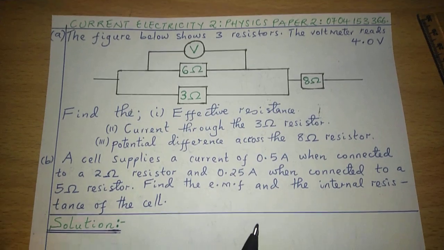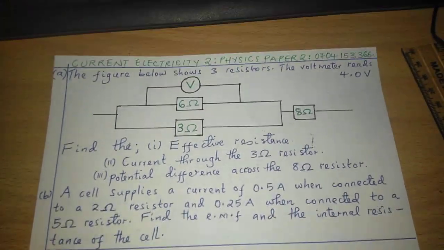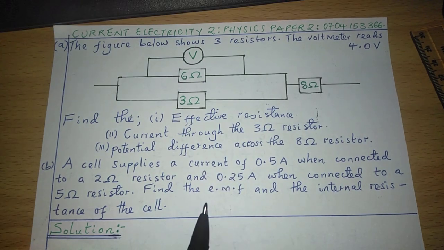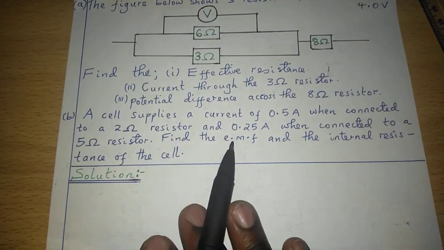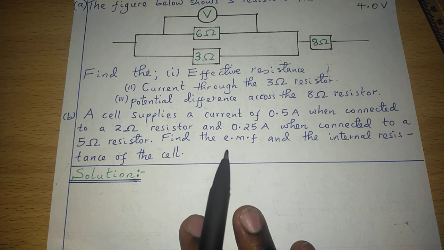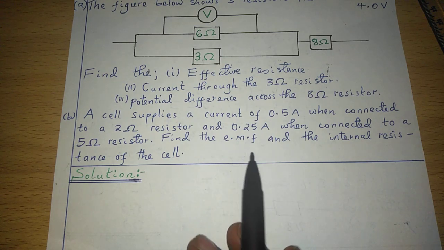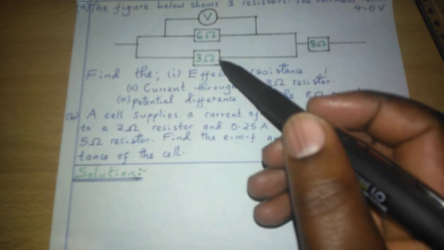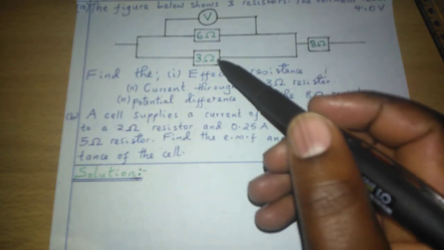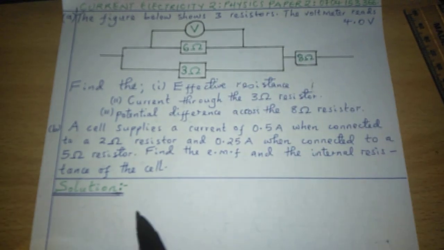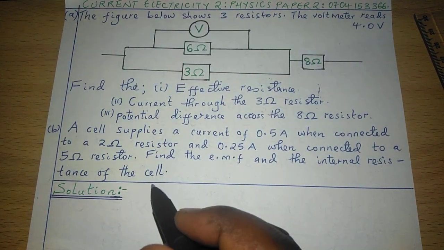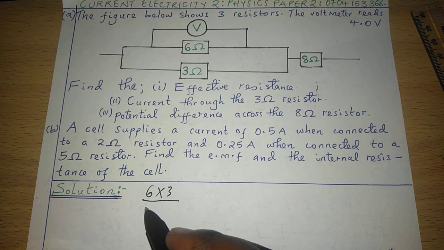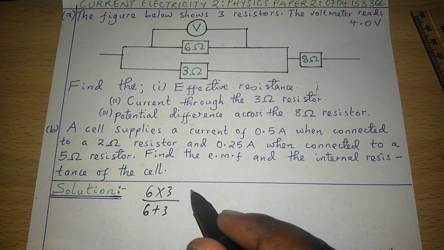We can see that the first 2 resistors, which is 6 and 3, are parallel to one another. When we are finding effective resistance for 2 resistors in parallel, we get the product of the 2 resistors, such that we have 6 times 3, then divided by 6 plus 3.